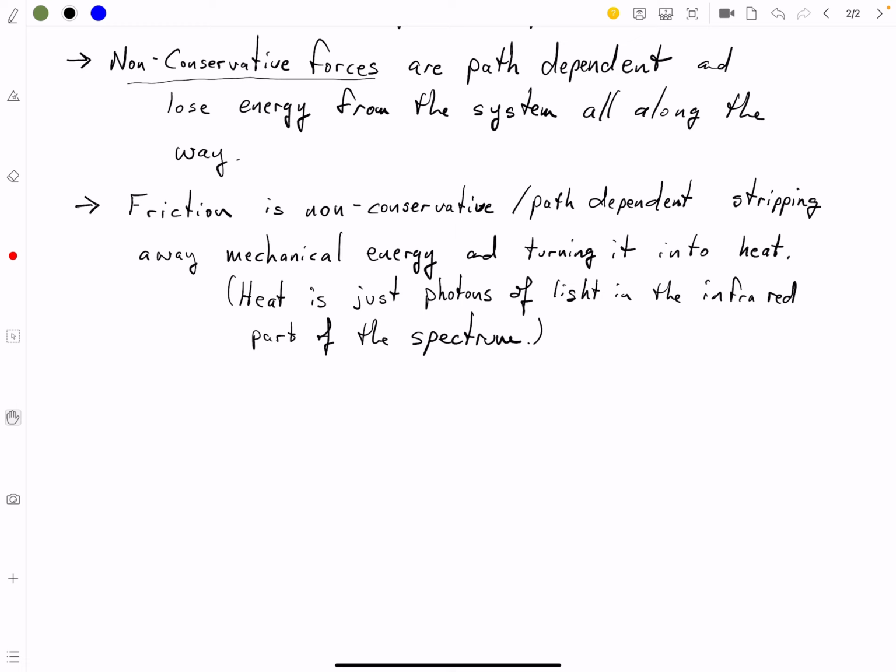It's non-conservative, path dependent, stripping away mechanical energy and turning it into heat. Heat is just photons, okay, of light in the infrared part of the spectrum. So when you feel something is hot, you're feeling the photons hitting your hand. You're not seeing the photons, you're feeling them.